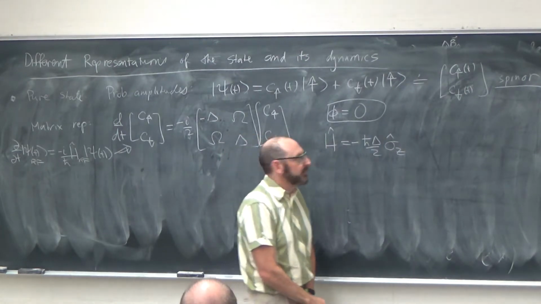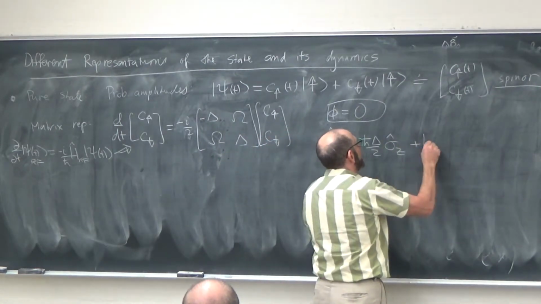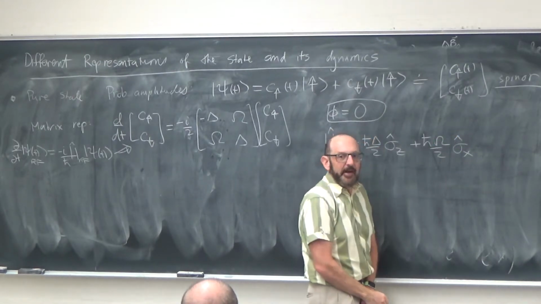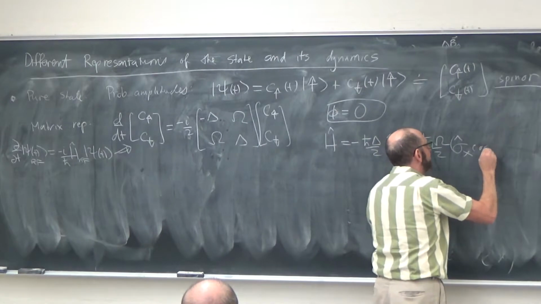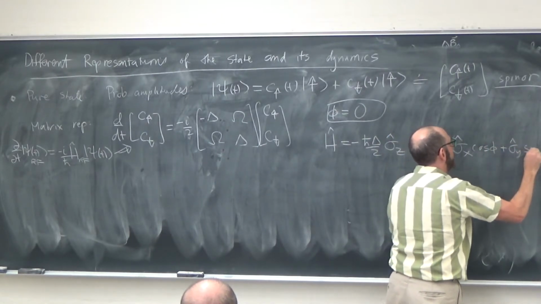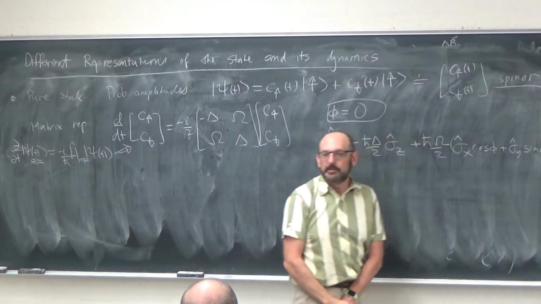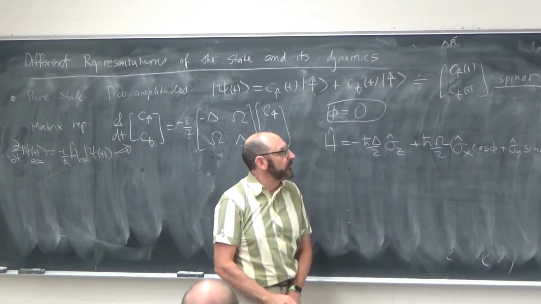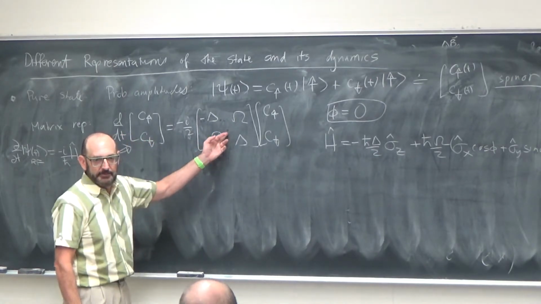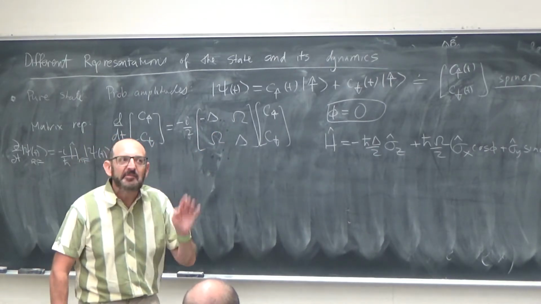So that's the diagonal. And then I have plus omega over 2 sigma x. If I had the phase different, it would be in the rotating frame something pointing along that axis. So with the phase equal to 0, it's this. But thank you, I skipped many steps.